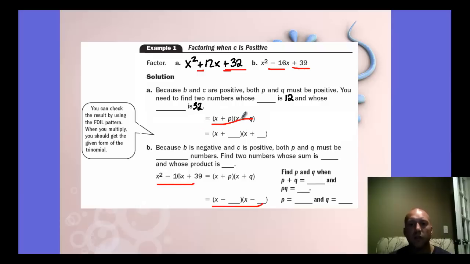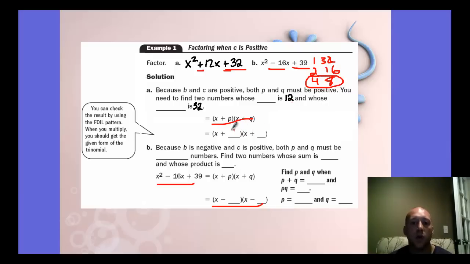If we're trying to factor them, the two numbers here multiply to 32 and add to 12. And so you're going through the factors. You can write out the factors of 32: 1 times 32, 2 times 16, 4 times 8, and you keep going, but you realize that these are the two right here that multiply to 32 and add to be 12.